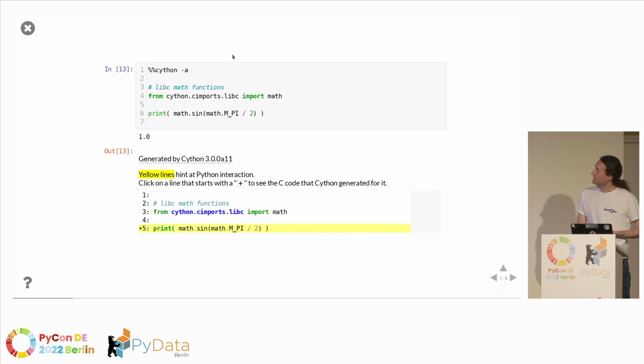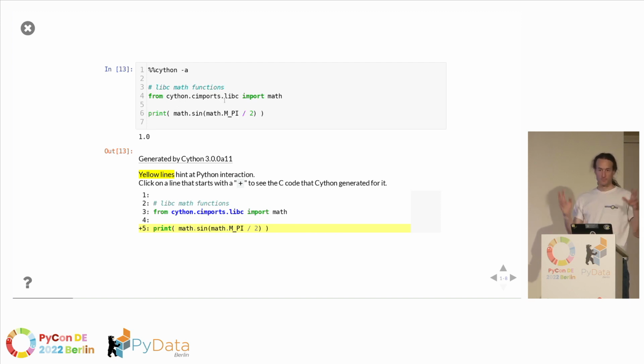So this is how I would use the sin function, for example, from the libc math module. So this is actually using C functions there, even though you don't see it, right? The only place where you really see this is where I say from cython.cimports.